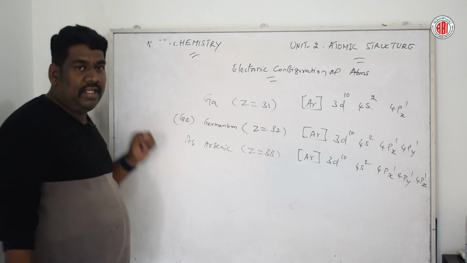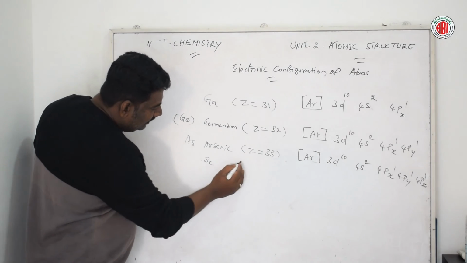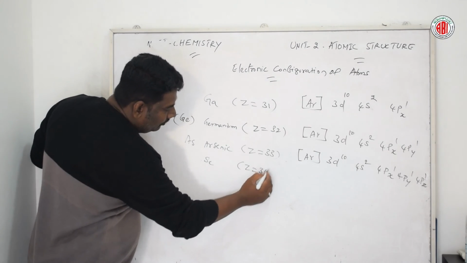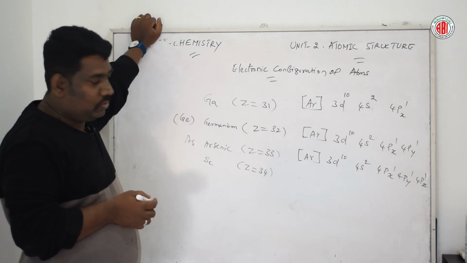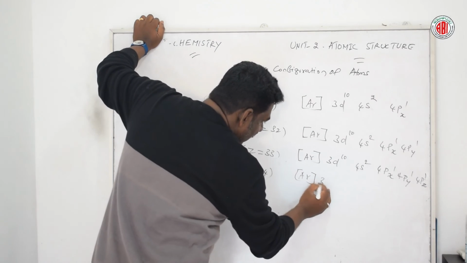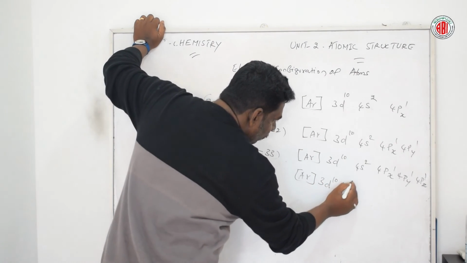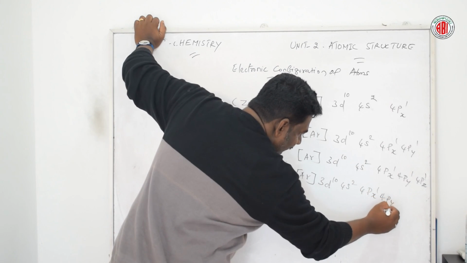Next, talking about selenium, Se, Z is equal to 34. Here, how do we write the number of electrons to be filled? First, argon. Next 3d10, 4s2, 4px1, 4py1, 4pz1.